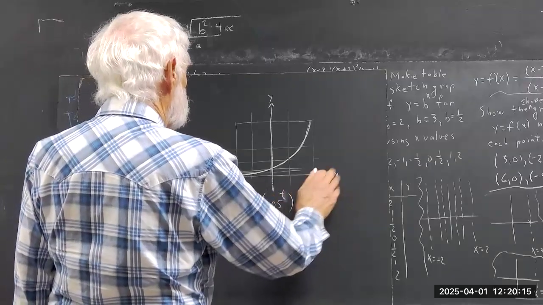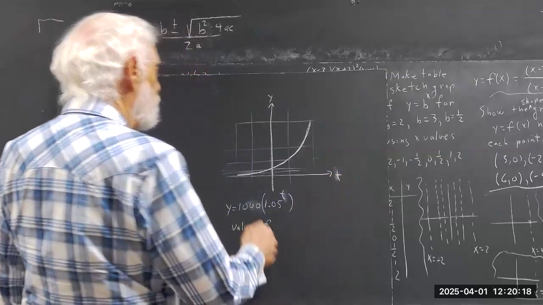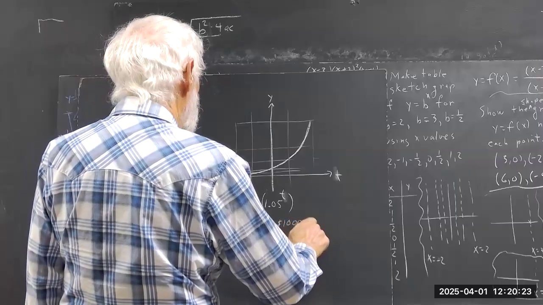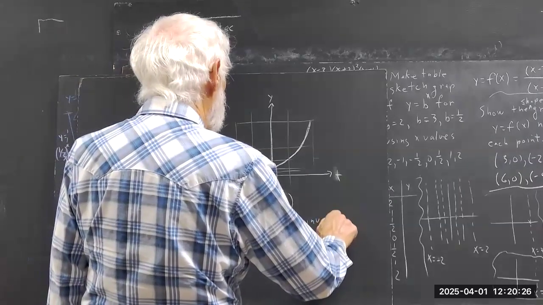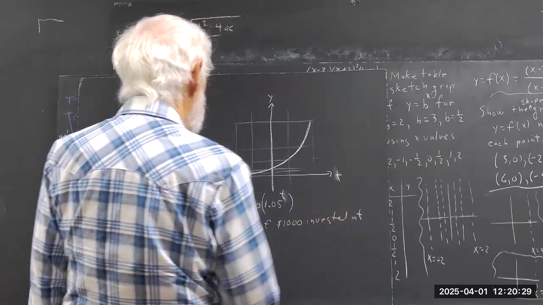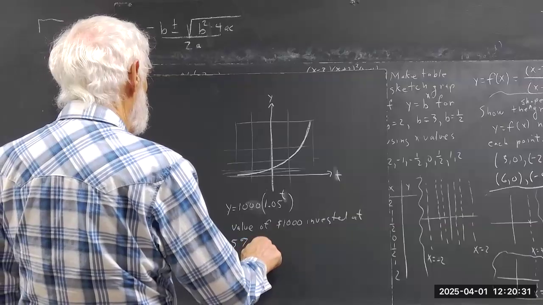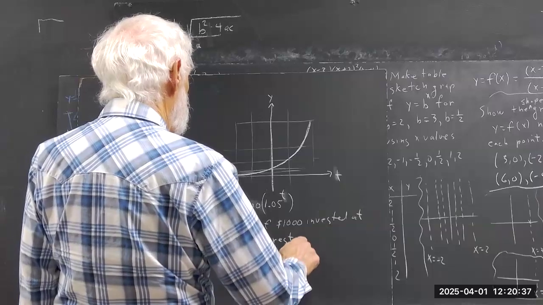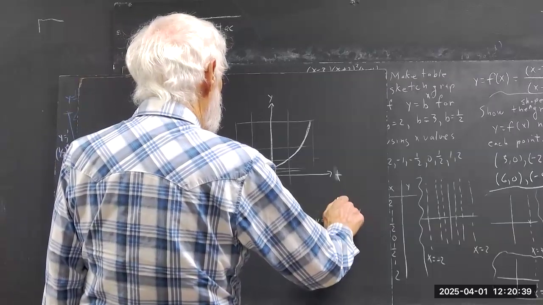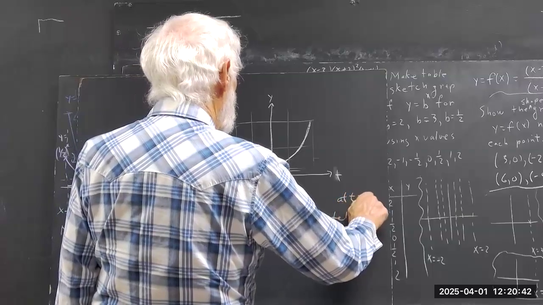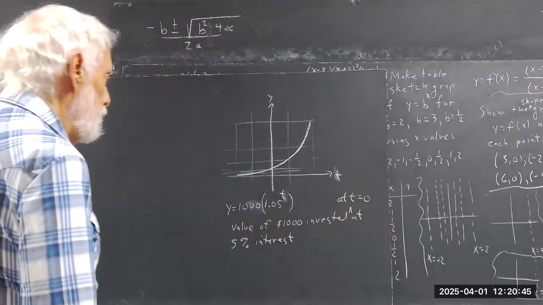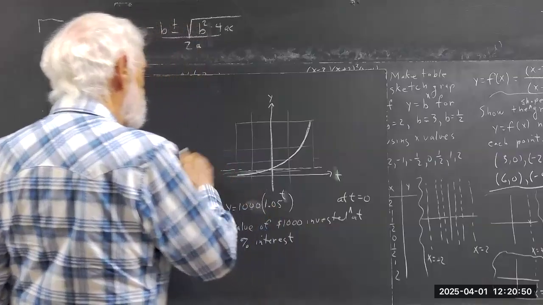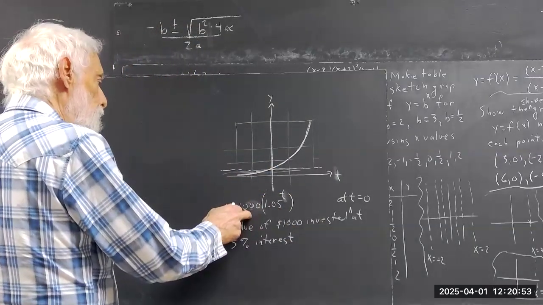Let's use t here instead of x. I think I've done this before. This is a value of money. If this line, which is normally y equals 1 when you construct the toolkit function, you're multiplying it by 1,000.